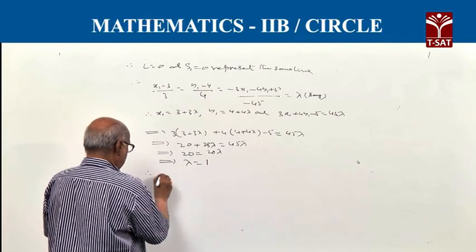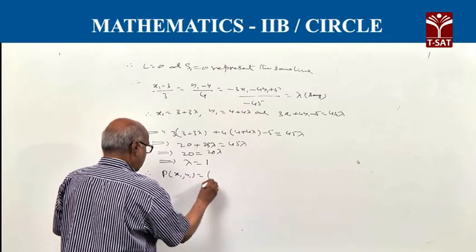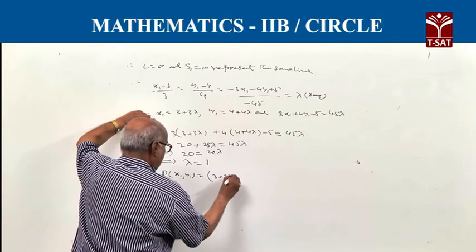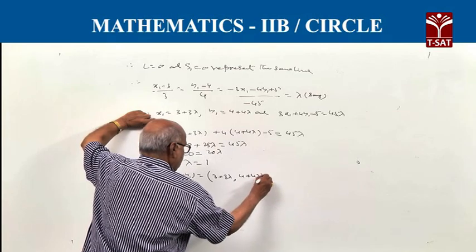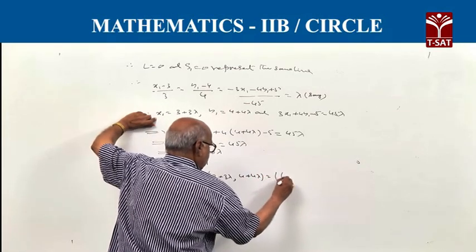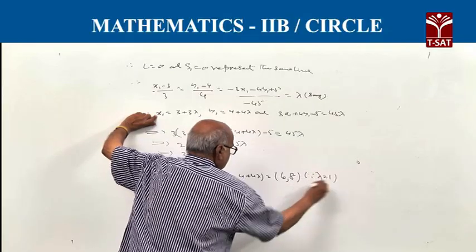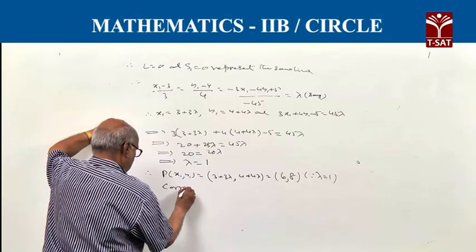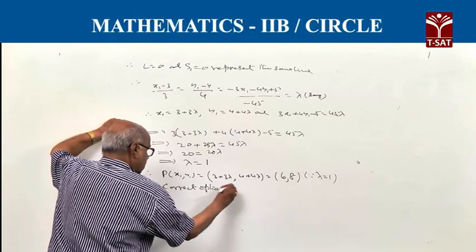So, P(x1, y1) is (3 plus 3 lambda, 4 plus 4 lambda), which is equal to (6, 8), since lambda is equal to 1. So the correct option is number 1.